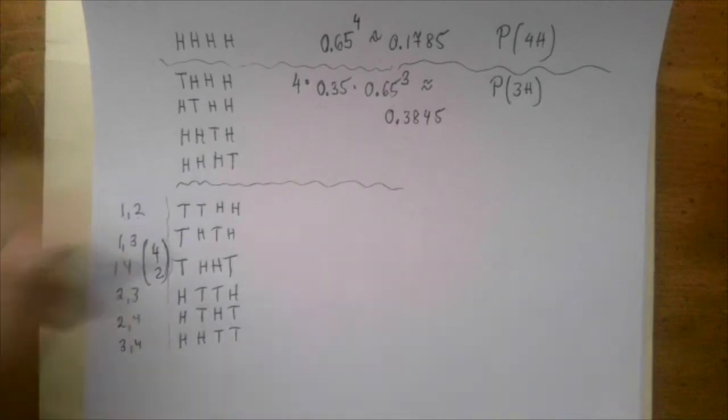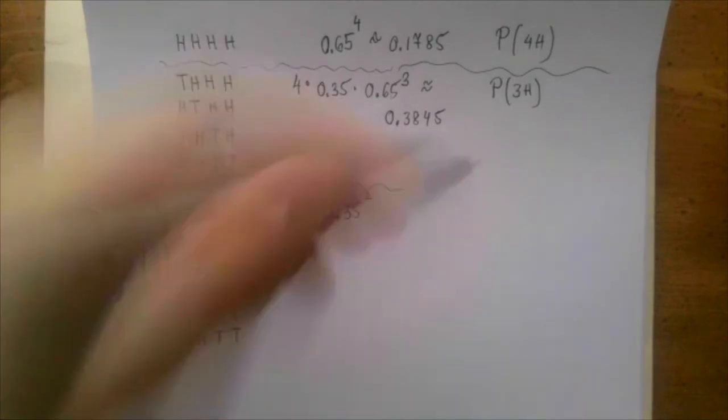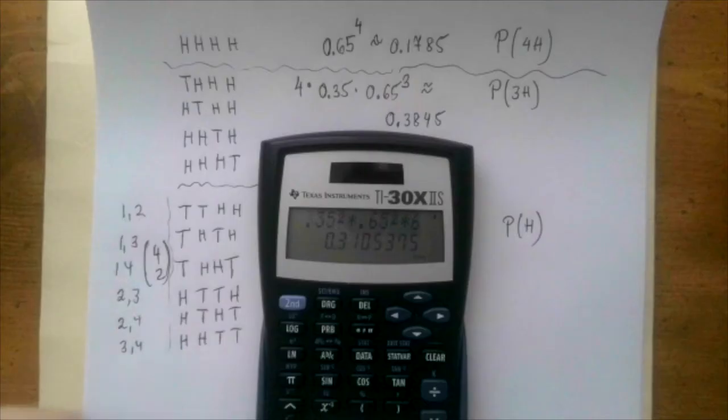So that's 6. 6 chains will have the same probability because the results are the same, it's just they are rearranged differently. The tails will each have a probability of 0.35, and the heads each will have a probability of 0.65. And so the probability of getting 2 heads is going to be this product. So we get 0.3105.